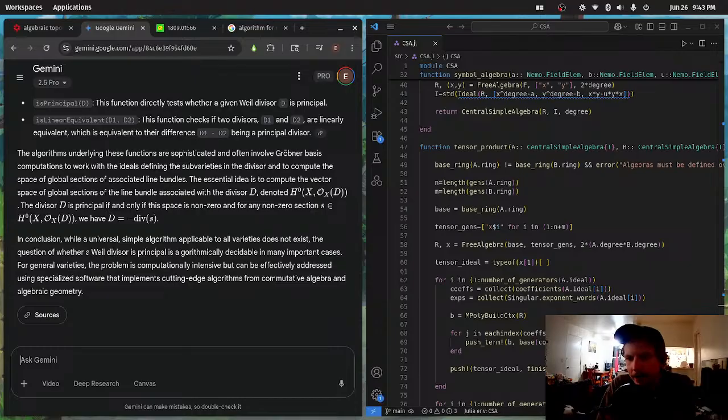Once you have an ideal computing the space of global sections, in the affine case, it's the whole thing. But if you are looking for the graded case, then you actually have to do some amount of work. So I've never read about graded fractional ideals. I wonder if that's a thing.